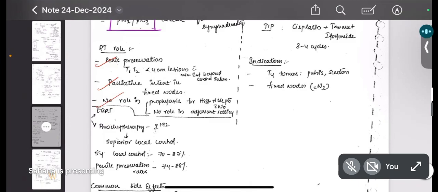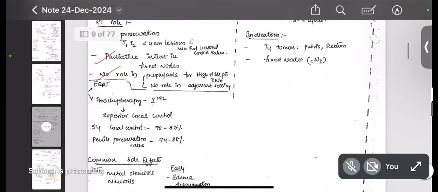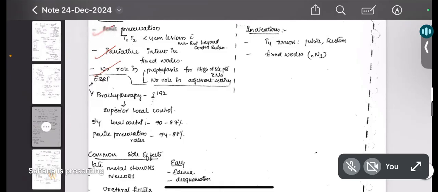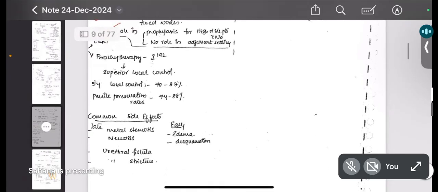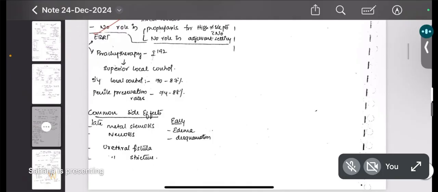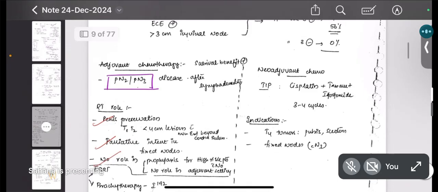Without staging, you cannot give RT to the inguinal region. And in adjuvant setting also, they say there is no role of RT. Then there is a role, you can write RT, EBRT, brachy for local control only. Side effects are stenosis, necrosis, fistula, stricture, all of it.